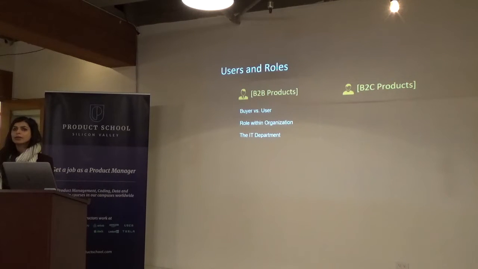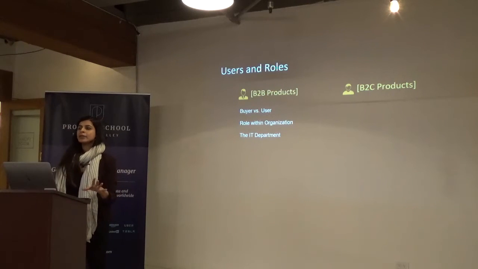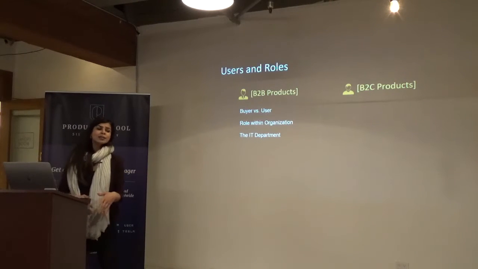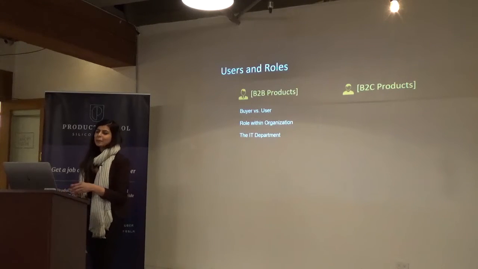Especially true for Microsoft Office. Your IT administrators and CTOs are making the decision to buy, say, Office 2013 for the entire company. But the users are those information workers who are working at their desks, sending emails, crafting Word documents, writing Excel sheets. So that is a very key difference that you have to think about: while somebody is using your product, somebody else makes the decision of buying, right?